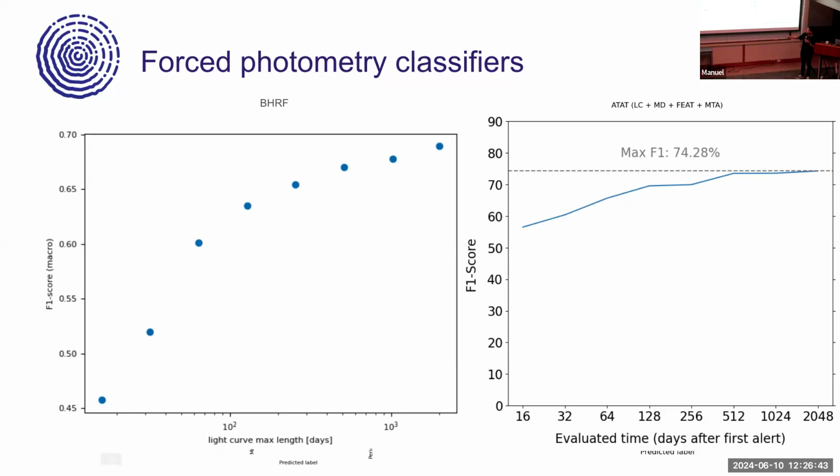So as you can see here, for example, in the random forest classifier, when we have around 100 days after the trigger, we get an F1 score of 0.6362. And our transformer classifier, evaluated at almost the same date, has an F1 score of almost 70%.